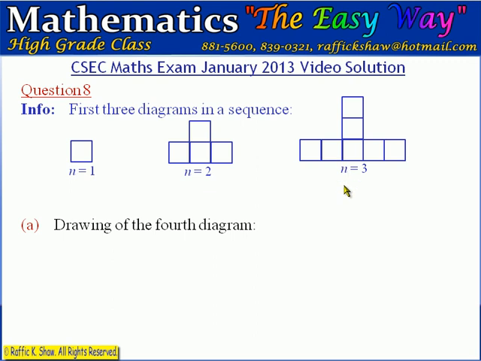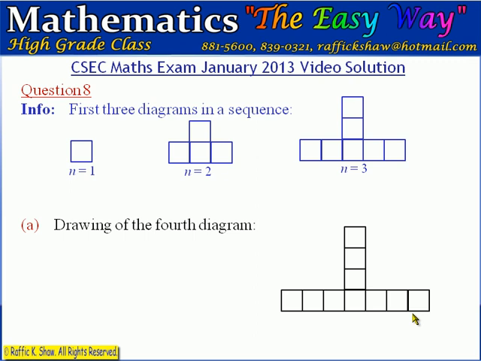So we can construct the fourth diagram by following that pattern. I'll put the 4 up the middle, and then 3 squares on one side and 3 on the other side. And so that is the fourth diagram in the pattern.